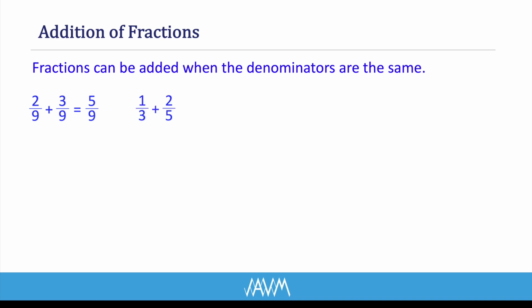So in this example, 1/3 add 2/5, we can make the denominators the same by multiplying up each fraction by a suitable multiple, and we look for the lowest common multiple of 3 and 5, namely 15. So we change both the fractions into 15ths by suitably multiplying.